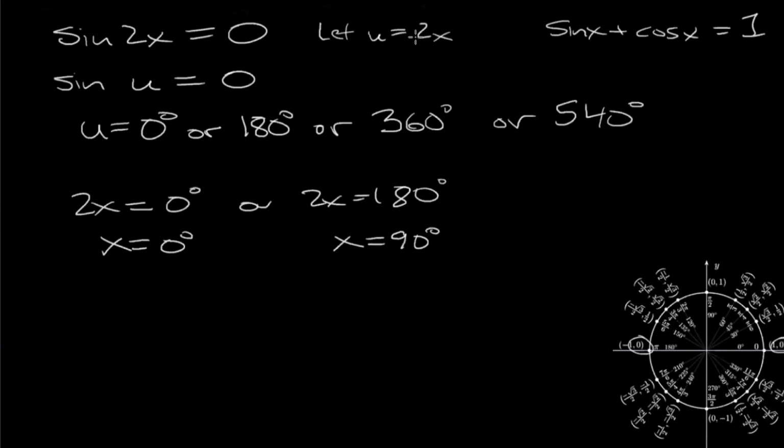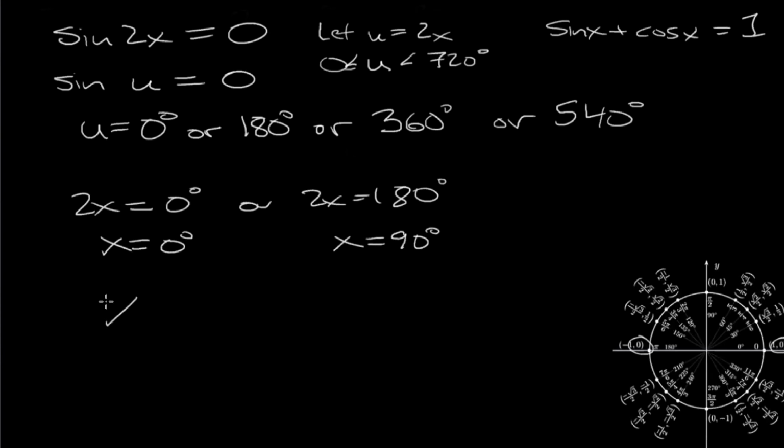You've doubled u from what x was. That means its domain is going to be twice as big. So instead of from 0 to 360, u has to be between 0 and 720, which is twice as big as 360. Then once you've found those, then you can divide them all by 2.